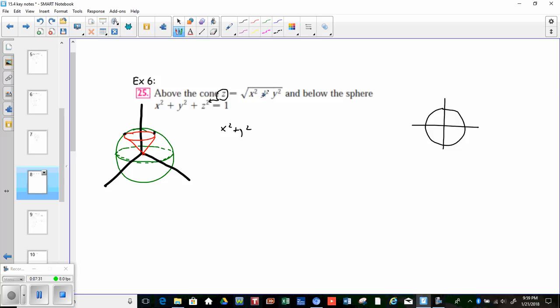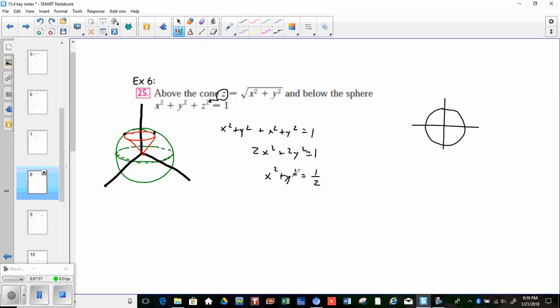Plugging this in for Z squares this, so it gives me another plus x squared plus y squared equals 1, which really gives me 2x squared plus 2y squared equals 1. Factor out the 2 and divide both sides by 2 gives you x squared plus y squared equals 1/2.